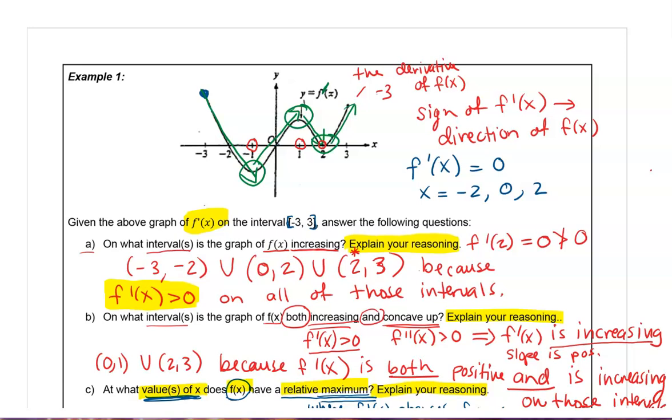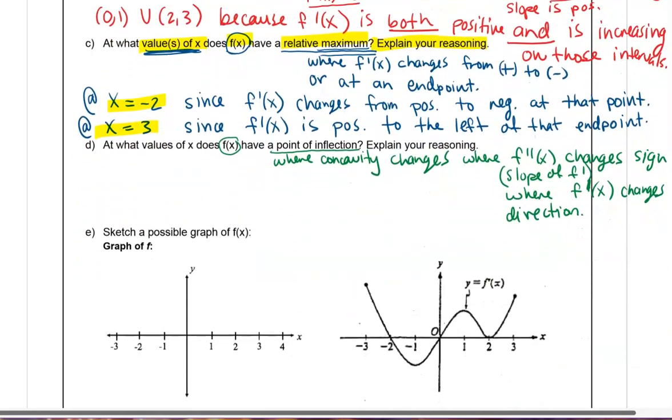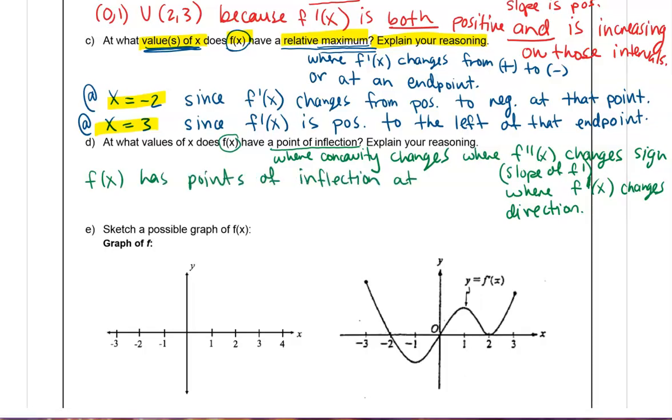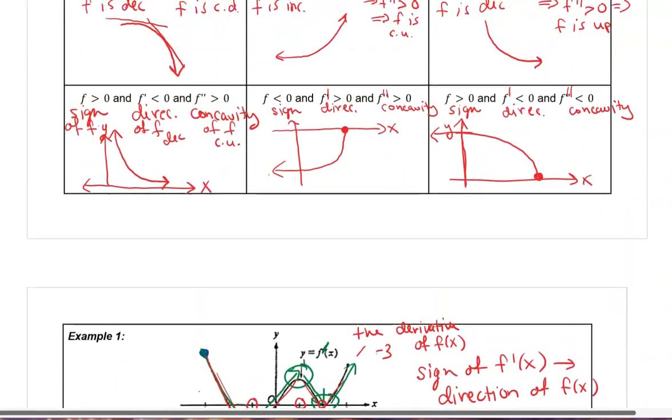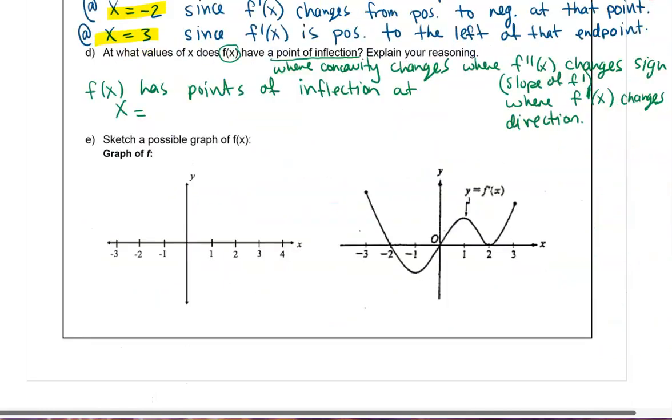Because the first derivative is changing direction, its slopes are changing signs. These would be negative slopes, positive slopes, negative slopes, positive slopes, which means the second derivative is changing sign, which means f is changing concavity, which is a point of inflection. So this function, f of x, has points of inflection at the values of -1, 1, and 2.